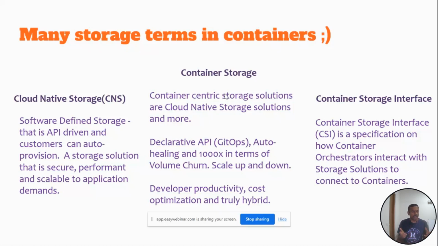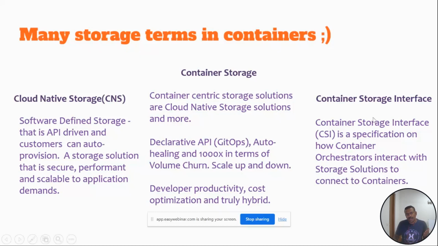You can compare it with software-defined storage in the enterprise world, primarily API driven, and the provisioning of storage for a scalable application can be done through CNS. Now, container storage is again, CNS is one type of container storage. It has declarative APIs, auto healing, and scale up, scale down, and all these things can happen.